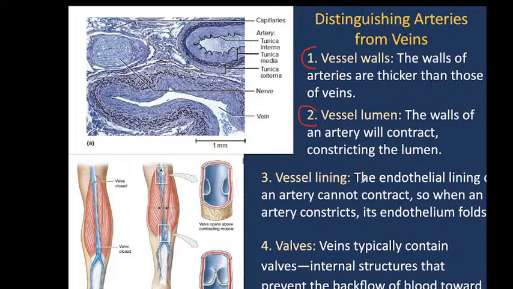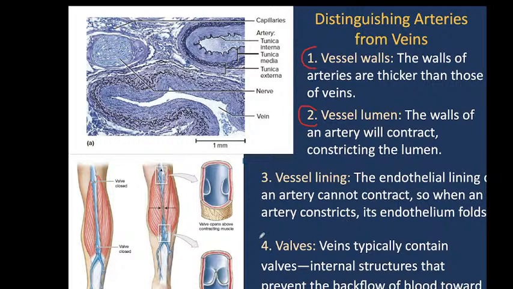In veins, the endothelial lining is flat in comparison with the arteries, which have some folds in the endothelium. Veins don't have such folds.